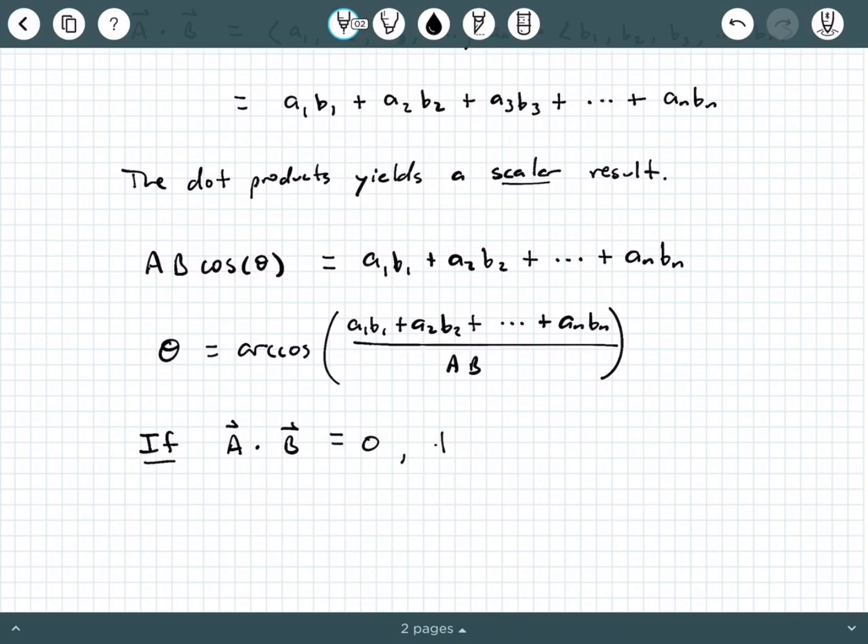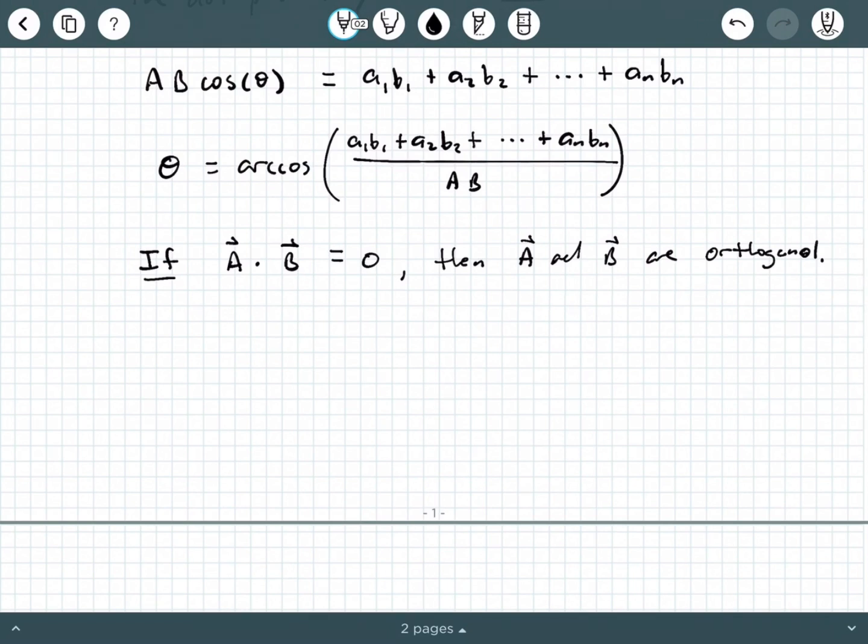Well, if A dot B is 0, then it turns out vector A and vector B are orthogonal with each other. Okay, and remember orthogonal means perpendicular, right? They're perpendicular to one another. So how do we know that? Well, you could just memorize it, but let's talk about why a little bit more. Here's why. I'm going to say the reason is this.